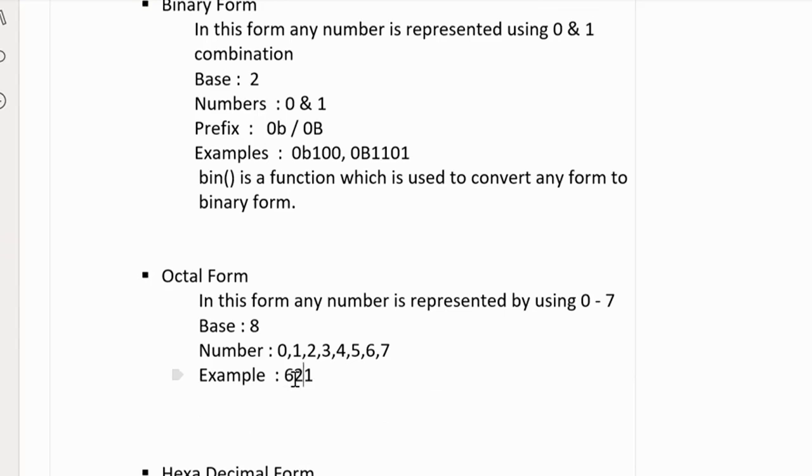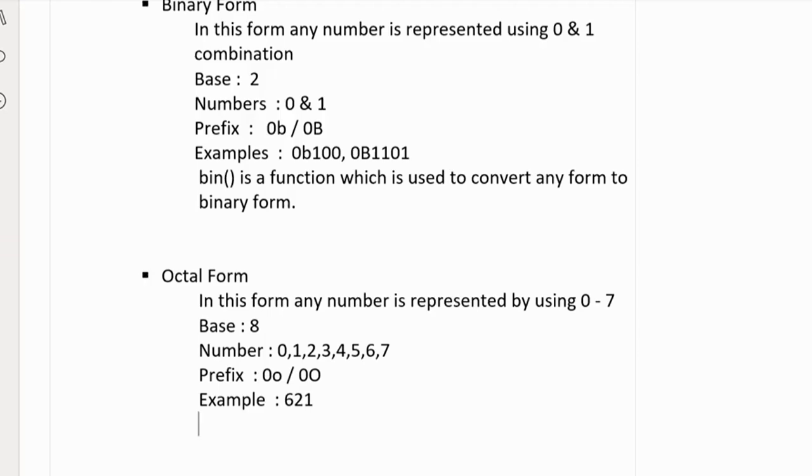To make our interpreter understand that this is an octal form, we are going to give a prefix over here, that is 0 and O combination. The prefix is 0 and O, or 0 and capital O. Guys, there may be some disturbance because there are some crackers going on over here.